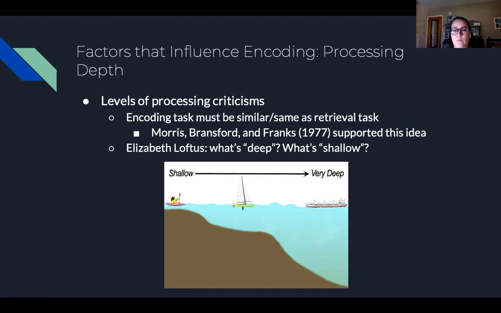We will talk about her more when we talk about memory distortion and eyewitness testimony. But essentially she was wondering, what's deep, what's shallow, who defines that, how do we know that? Those were some of the criticisms that came after the development of the levels of processing model.